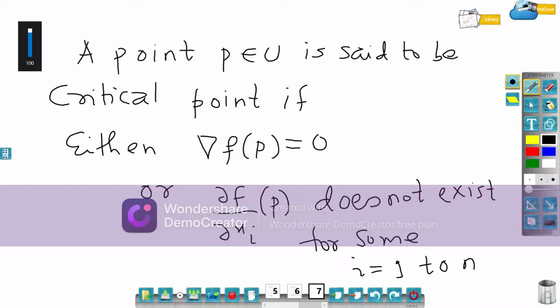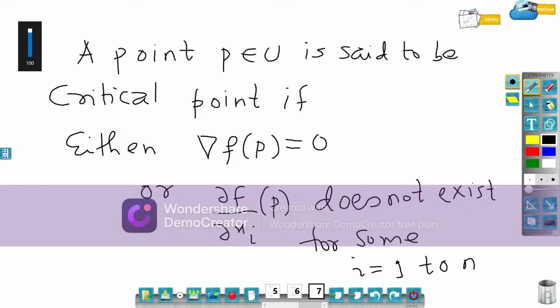Every stationary point is by default a critical point, because when the gradient is 0, that point is called a stationary point. So every stationary point is a critical point.